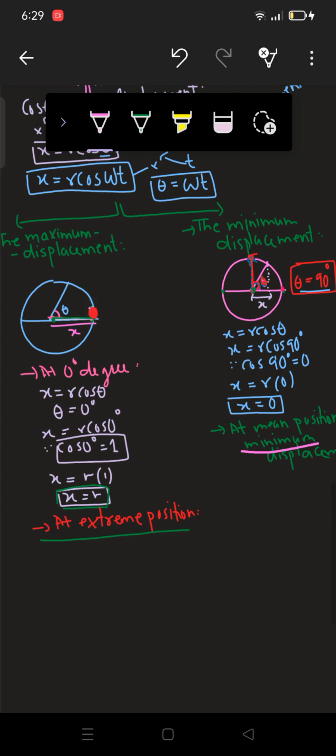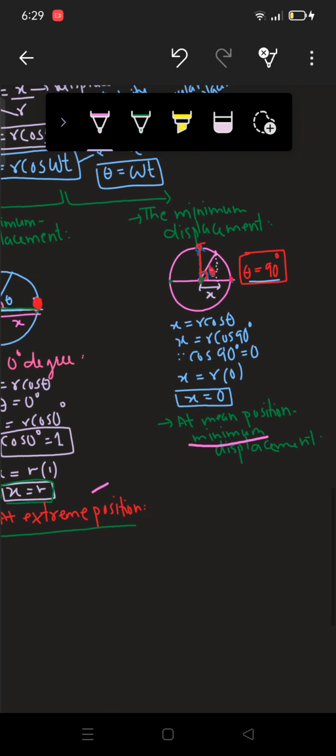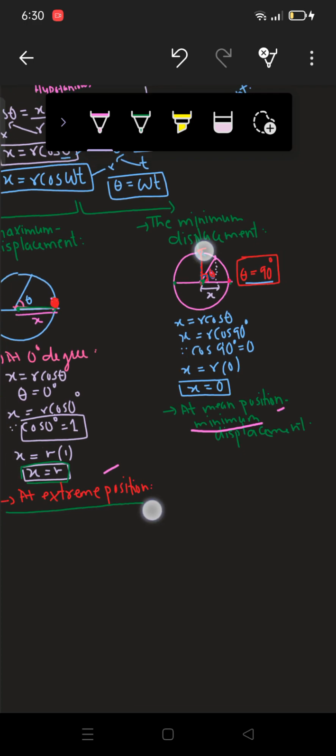Since displacement is always taken away from the mean position, at the mean position it would be 0. We take displacement away from the mean position, and it can go till its extreme point, the limit it has. So at the extreme position the displacement would be maximum, and at the mean position it would be minimum.